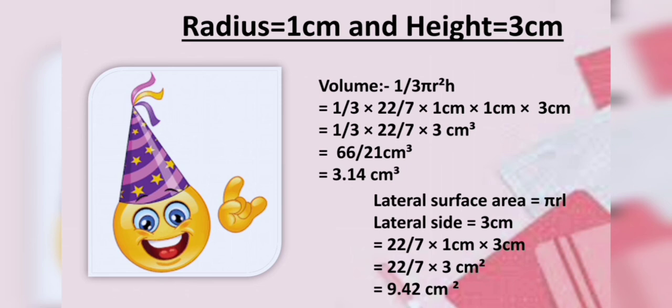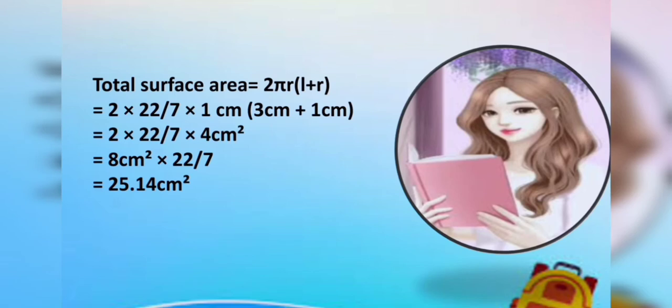And now the lateral surface area will be 9.42 centimeter square after putting in the formula, that is pi into r into lateral side. So now let's see the total surface area. After putting in the formula we got the answer, that is 25.14 centimeter square, that is pi into r into (l plus r).